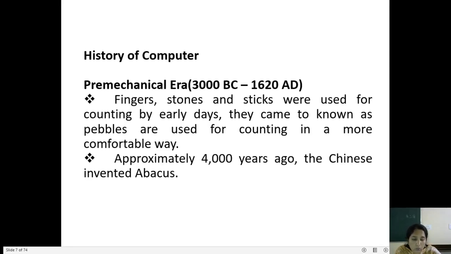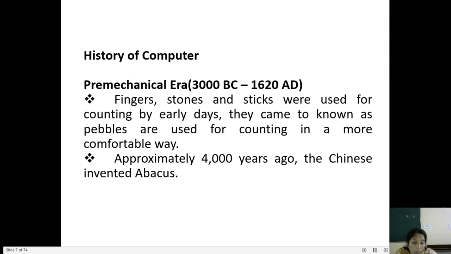Approximately, it is around 4,000 years ago that I am speaking of. But still we are in practice, because that is the basic thing used for counting. And at that time, the Chinese people, in order to improve counting and mathematics, introduced a machine called the abacus, which is used for addition as well as subtraction.